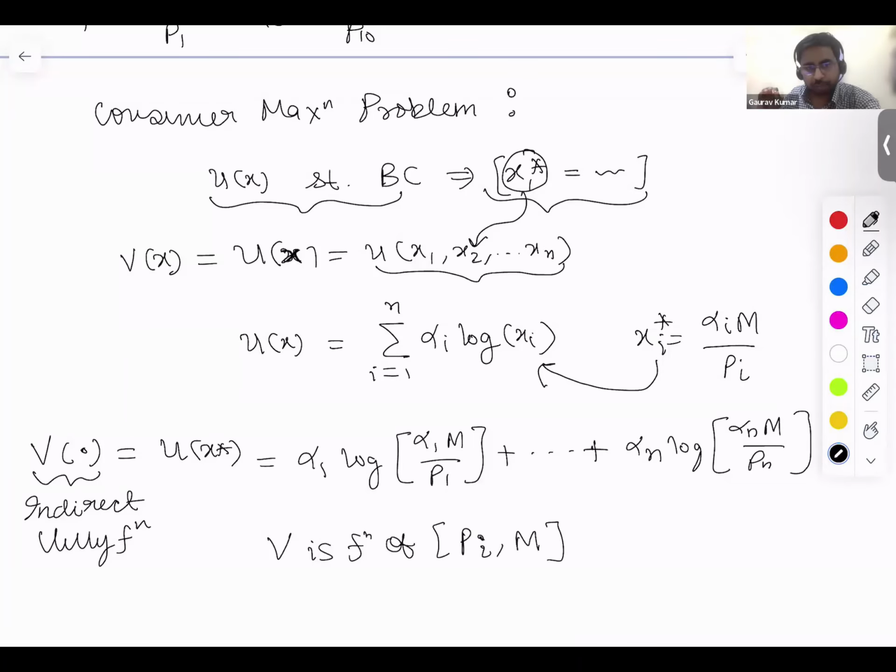So it's a function of the price and your income. This is an important thing, that indirect utility functions are functions of prices and income. So you can write v(m, pi) as sigma i = 1 to n alpha i log (alpha i m by pi). This is your indirect utility function.